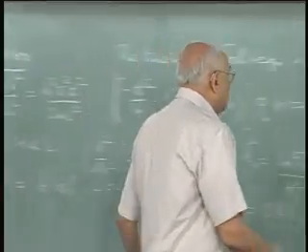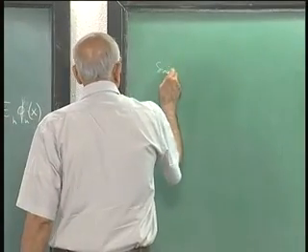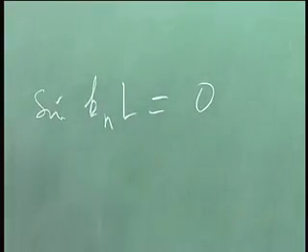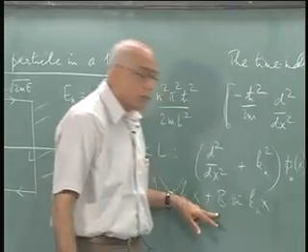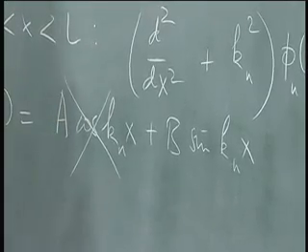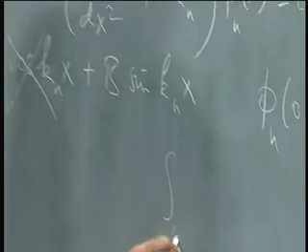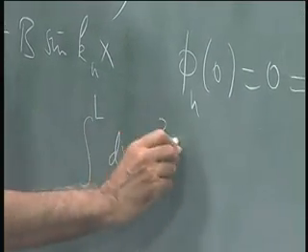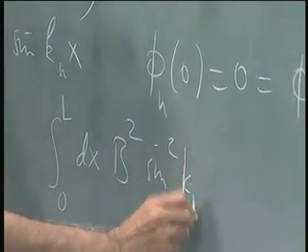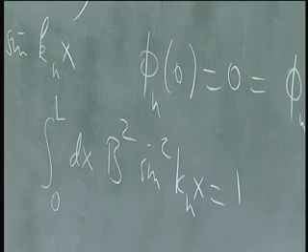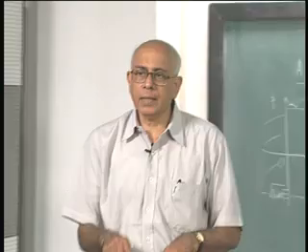But imposing the other boundary condition says that sin k_n L equals 0, unless B is also identically 0, but if B is 0, then you can't normalize the solution, because we would like to have also the normalization condition, integral from 0 to L dx B squared sin squared k_n x equal to 1, because you want the total probability of finding the particle inside the box to be equal to unity at all times.